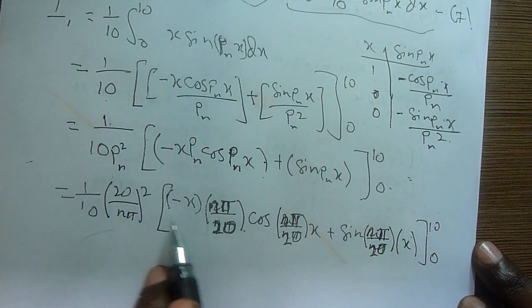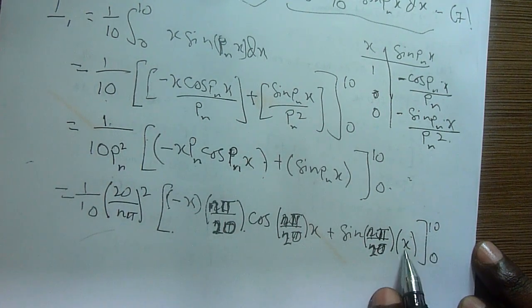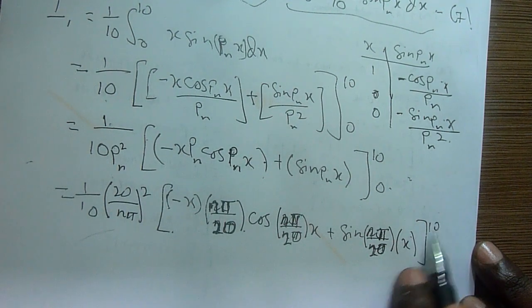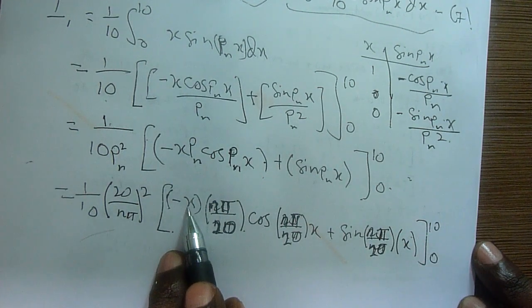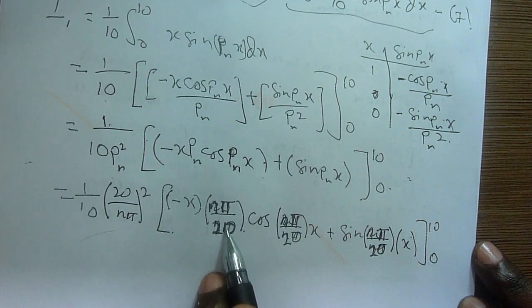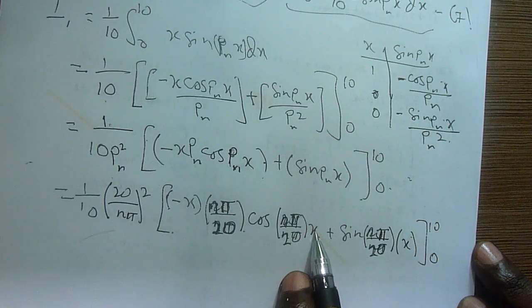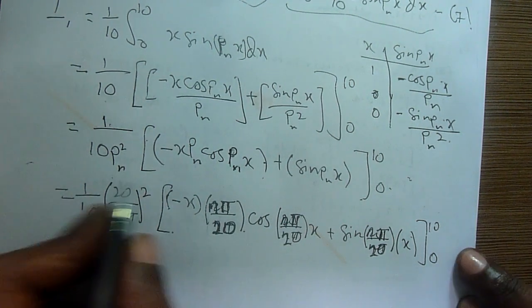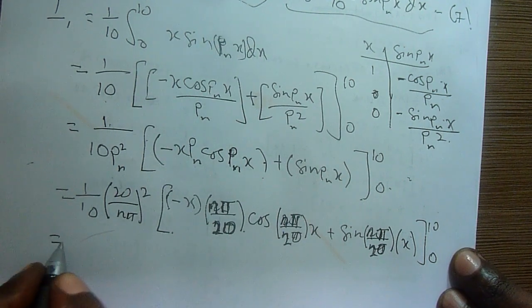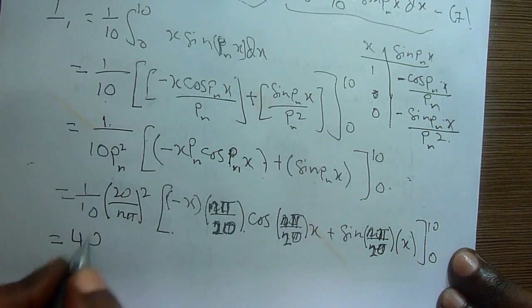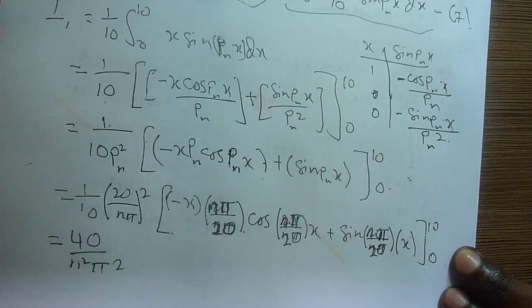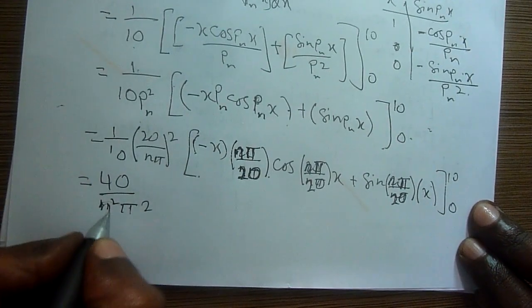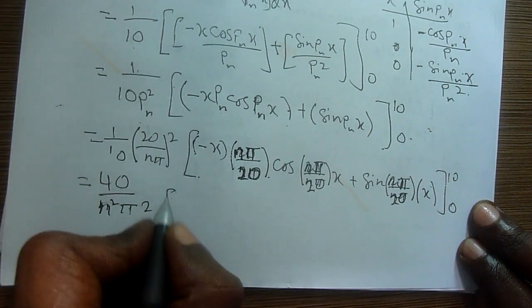Now you can see this, when I try to place here 10, look at this carefully. The first one 10, no problem, I can substitute here, no issue. Here 10, I get this. This one I simplify first, 40 over n power 2 pi power 2. Hopefully you can see this, n2 pi 2.